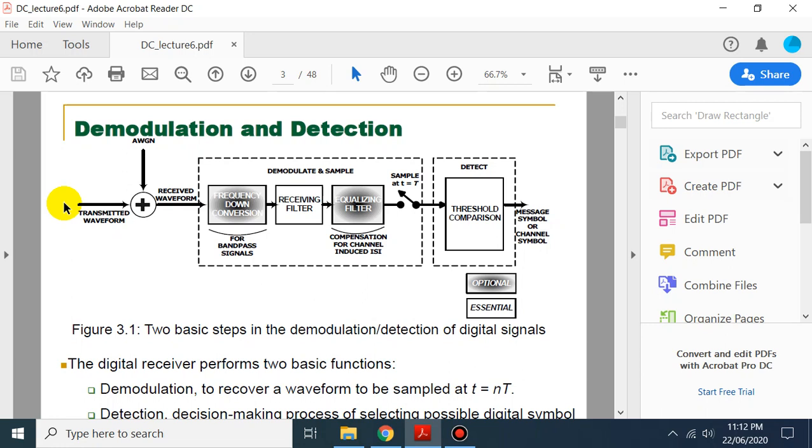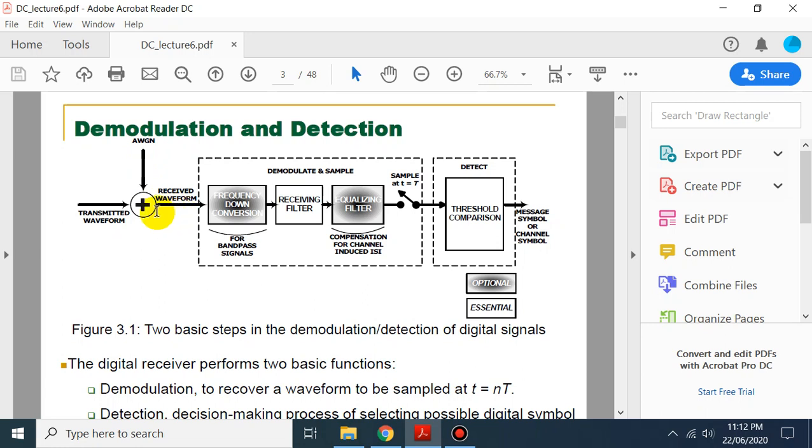Now you see that this detection is performed at the receiver end. In the block diagram on your screen, when the transmitted waveform passes through a channel, additive white Gaussian noise is added.